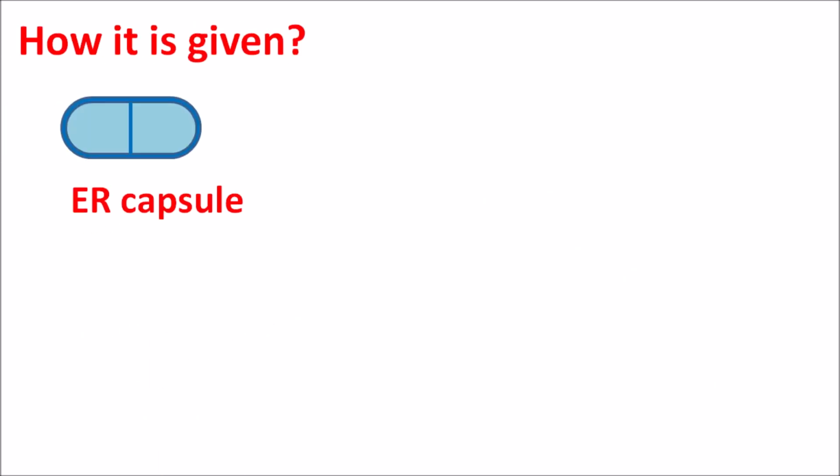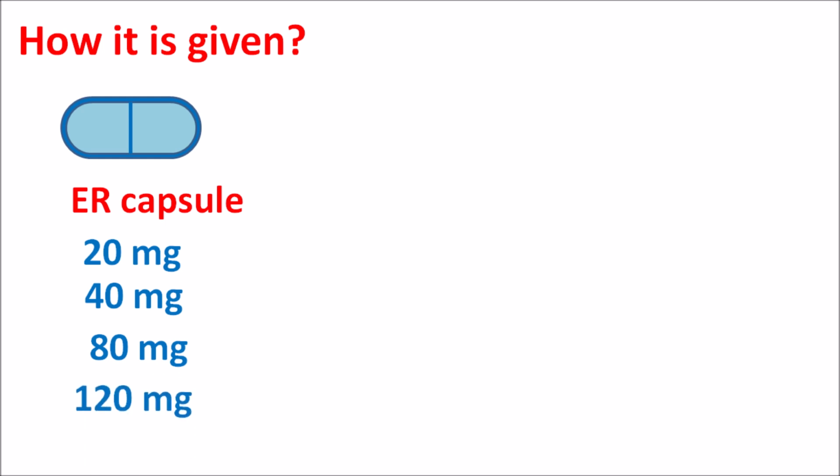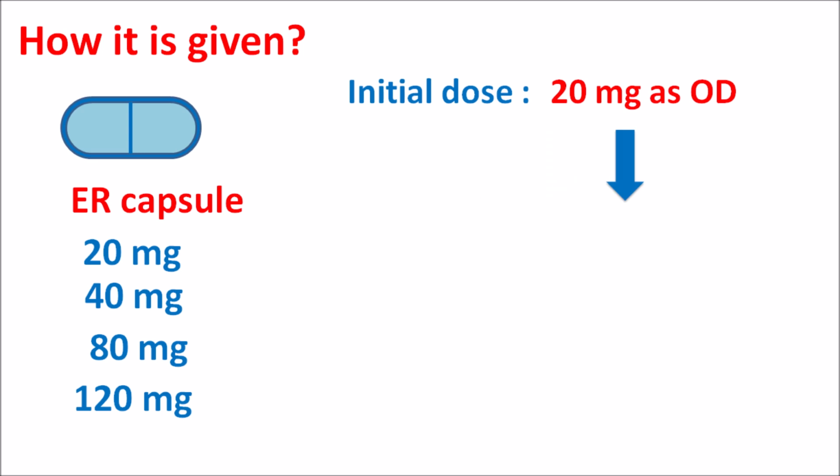How is it given? This drug is available as extended release capsules at different strengths such as 20 mg, 40 mg, 80 mg, as well as 120 mg. The initial dose is started at a low dose such as 20 mg given once daily. And based on the efficacy, the dose can be slowly increased after at least 2 days of treatment, up to 40 mg given once daily.